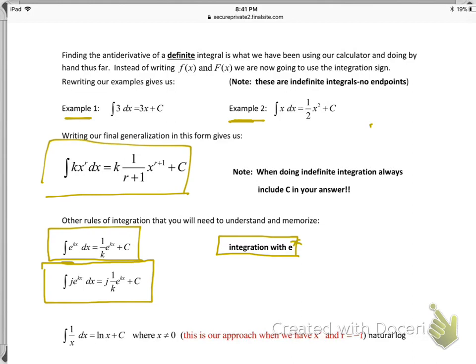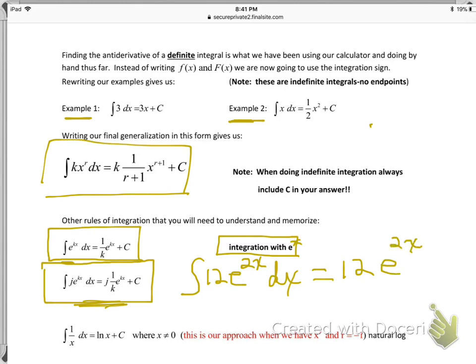So let's do one over here. What if I had 12e to the 2x dx? My procedure is following this outline right here. Write down the 12. Write down your e to the 2x, because remember we write down what we see.